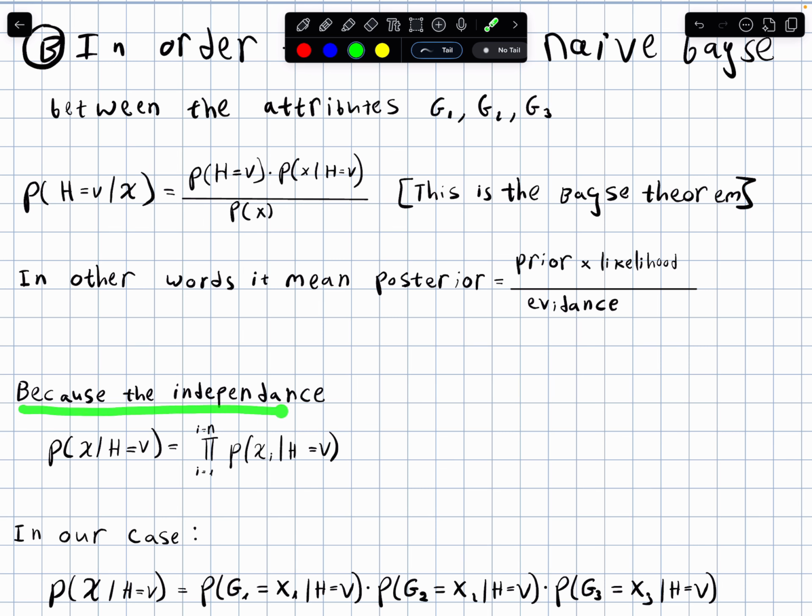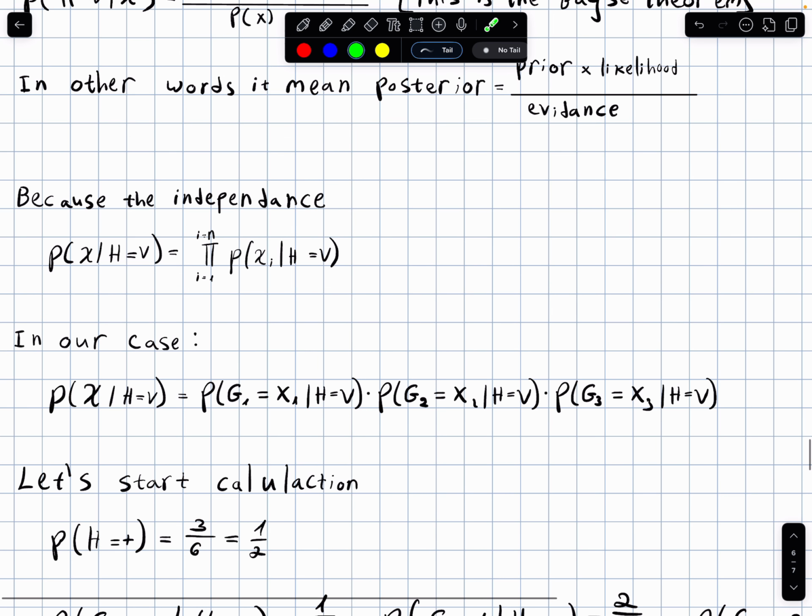Anyway, because of the independence, we get that p of x given h equal v is the multiplication of each xi given h equal to v.